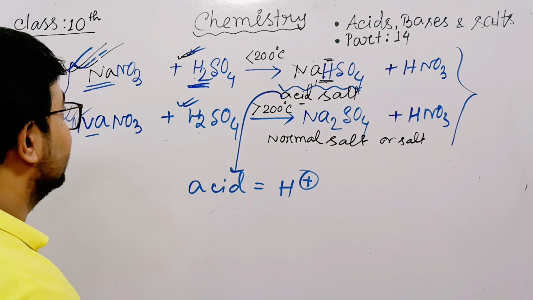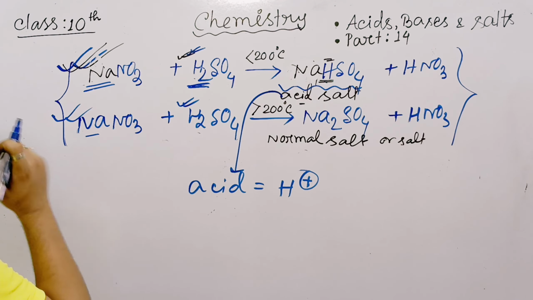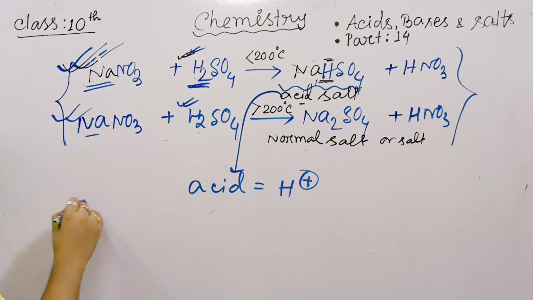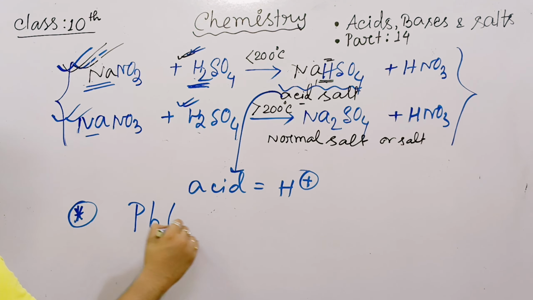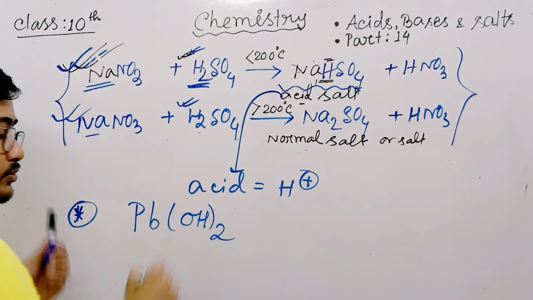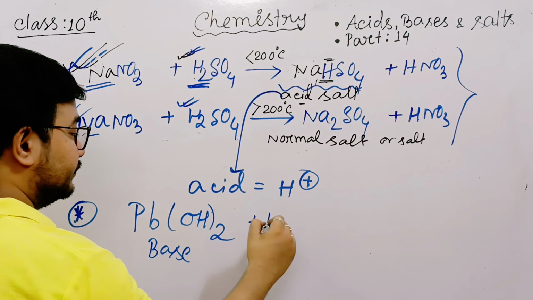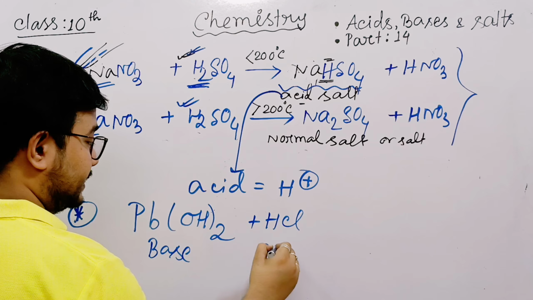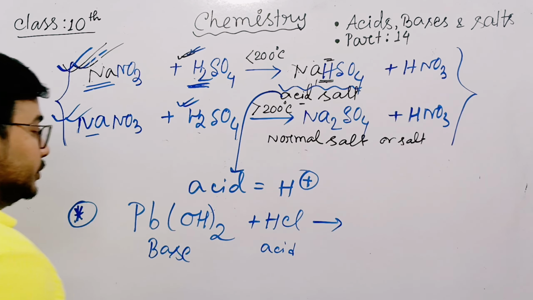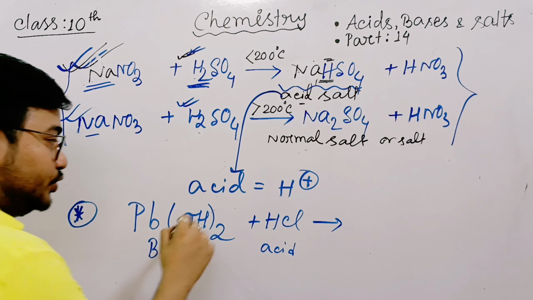Now I have a question. Suppose Pb(OH)2 is a compound. Obviously it is a base. Suppose I have HCl; HCl means acid. How many OH here? 2, no?